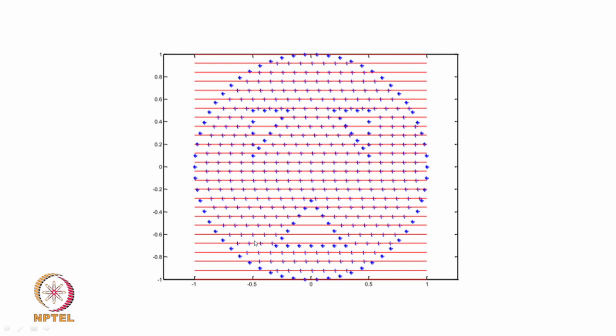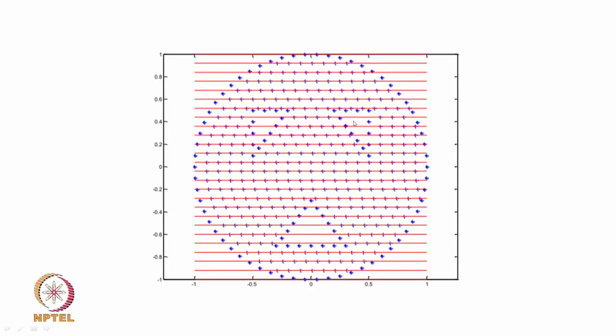Here we used a special algorithm, which we will discuss later on, to locate the grid points throughout the domain and only within the domain, because this part is not in the flow domain, this is outside the flow domain.